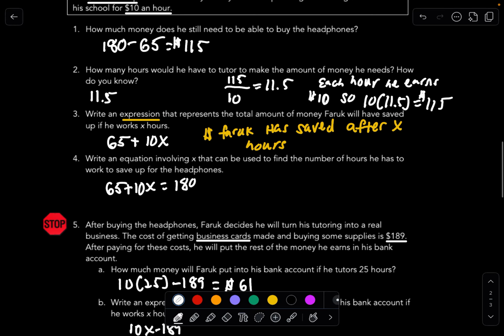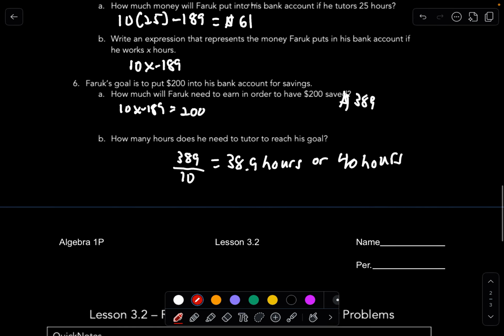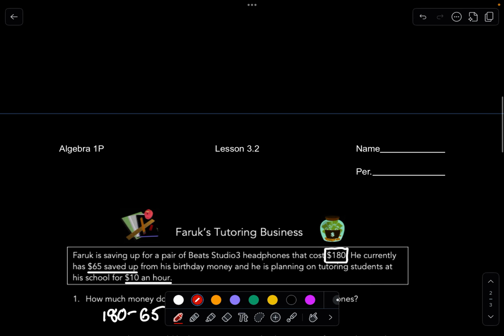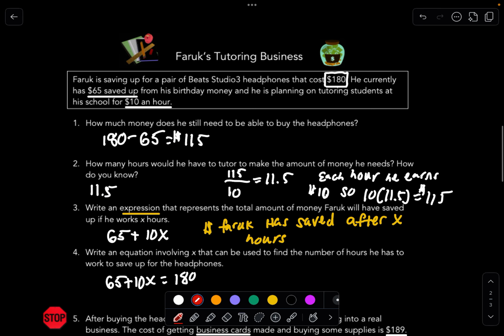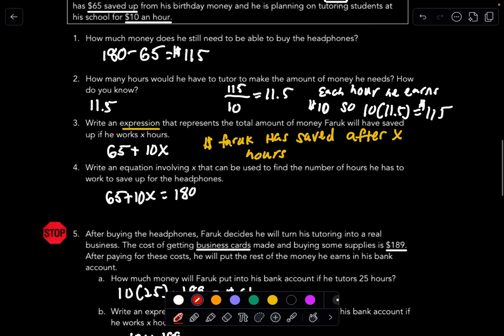Now, let's do some backtracking and fill in some notes here. Alrighty, so initially, right down here, this is the amount of money he has already saved.